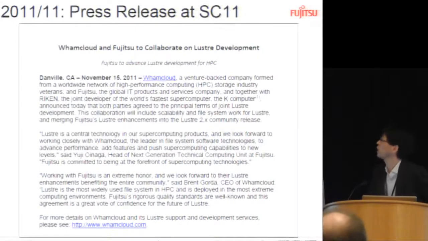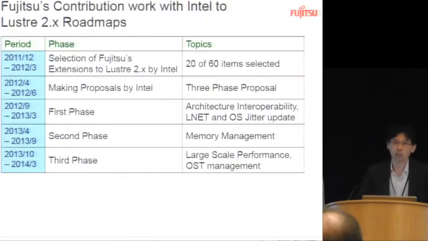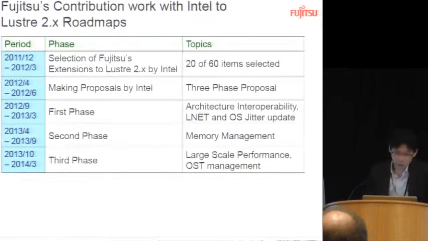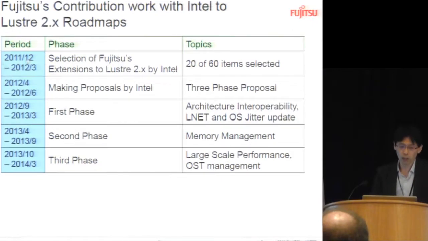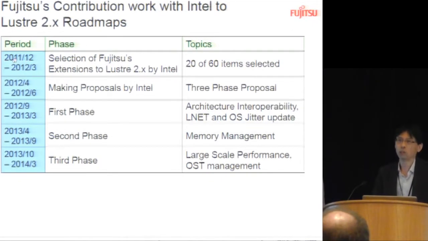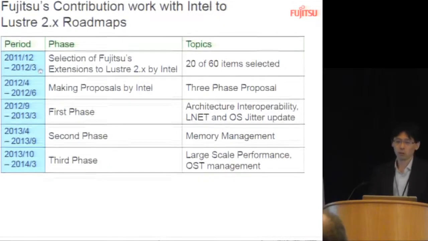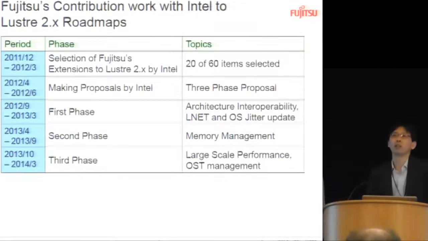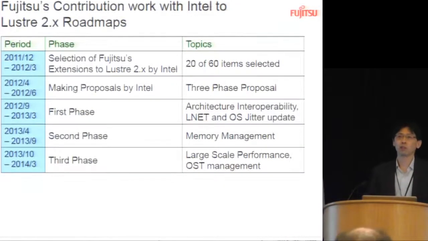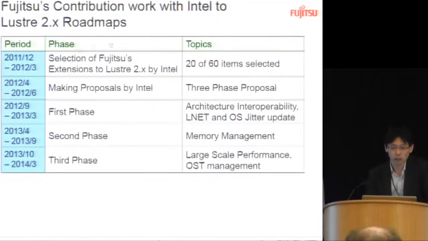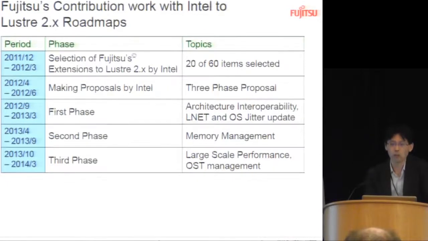Now I talk about our progress since 2011. There are 5 periods. Period 1 is December 2011 to March 2012. In this phase, we invited Oleg to Fujitsu and reviewed the differences between the Lustre code and FFS. This phase was the selection of Fujitsu extensions for Lustre 2.x by Intel.